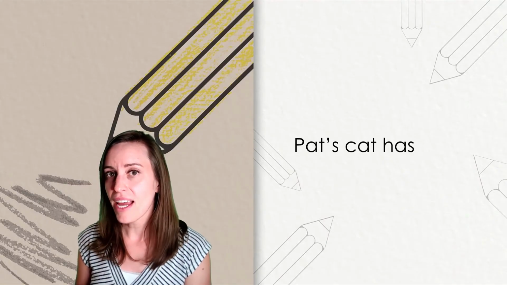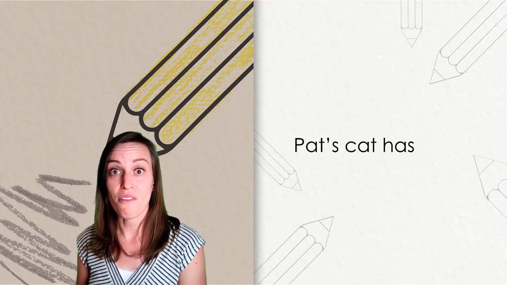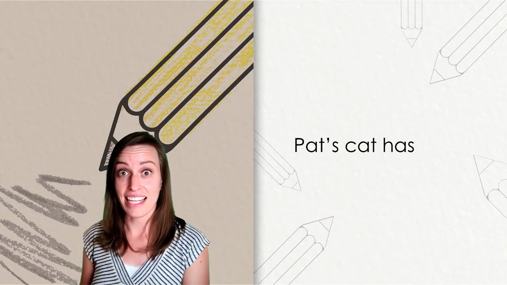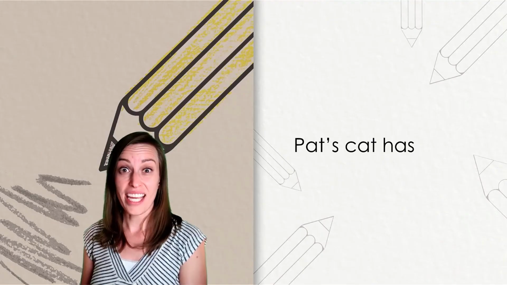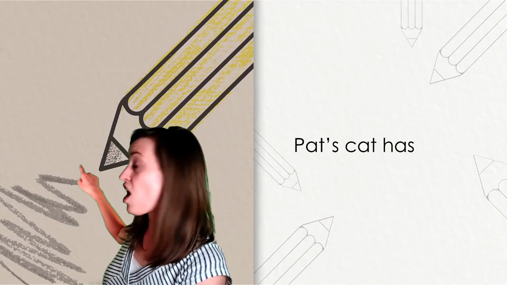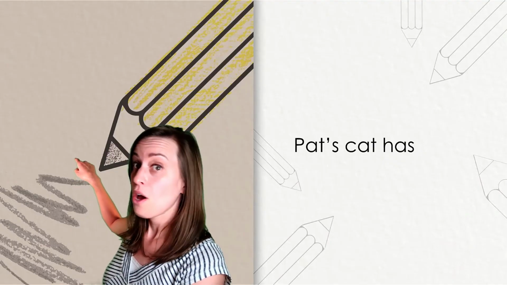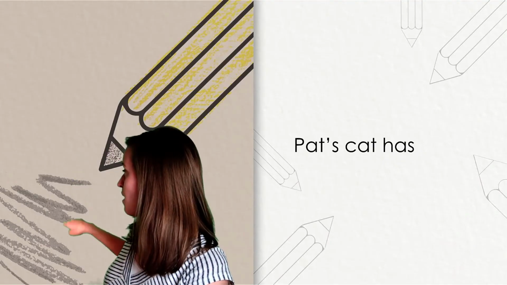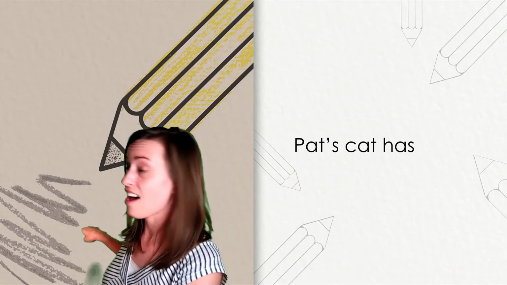Leave another space and then we can write the word has. A lowercase h is a tall letter, so that starts at the top line. Pull down, up, over, make a hump.